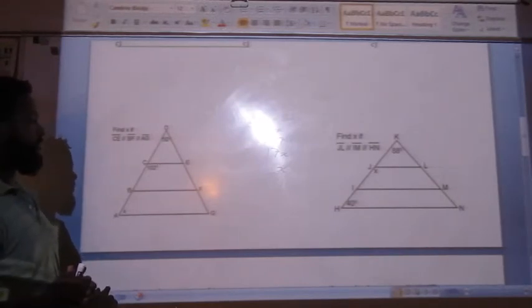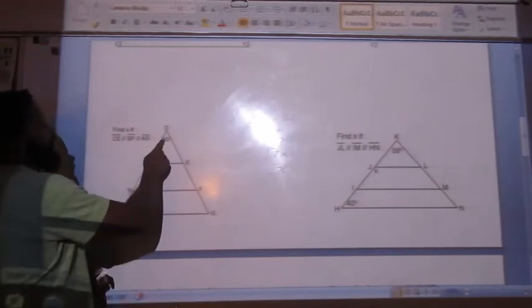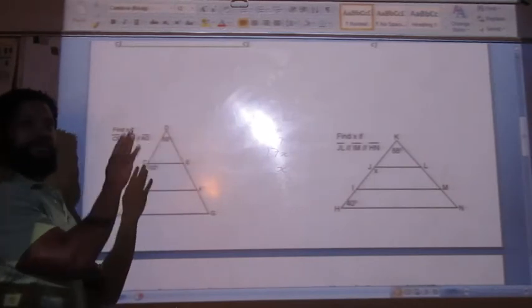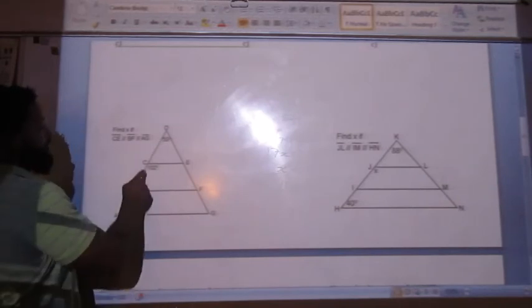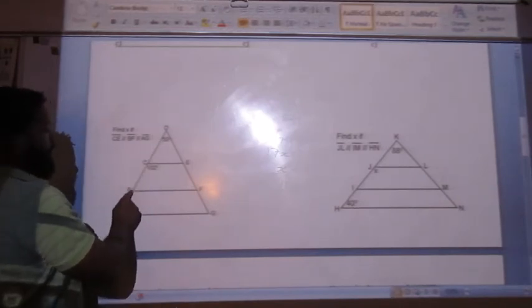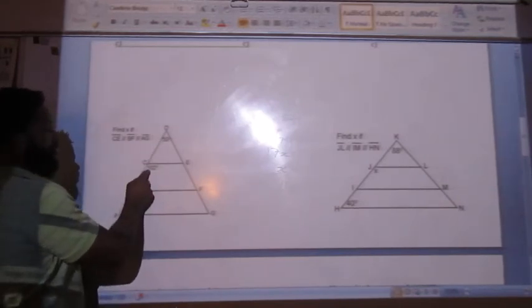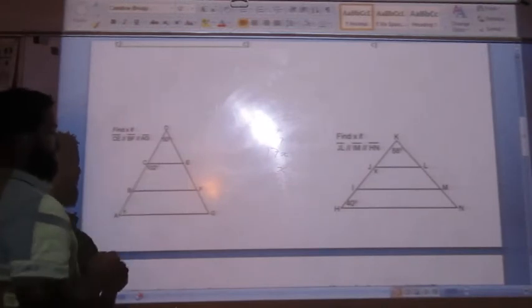Look at the corners. This is 50 right here for D. BCE is 102, right?